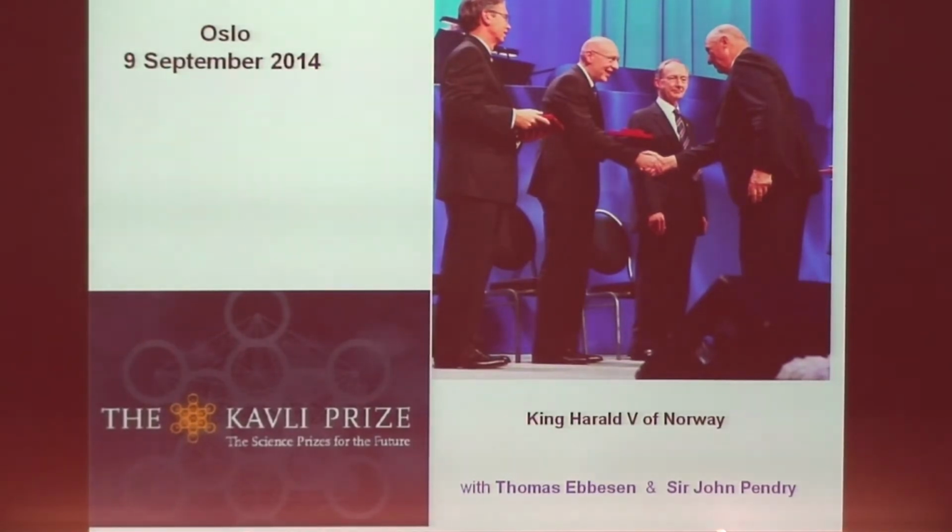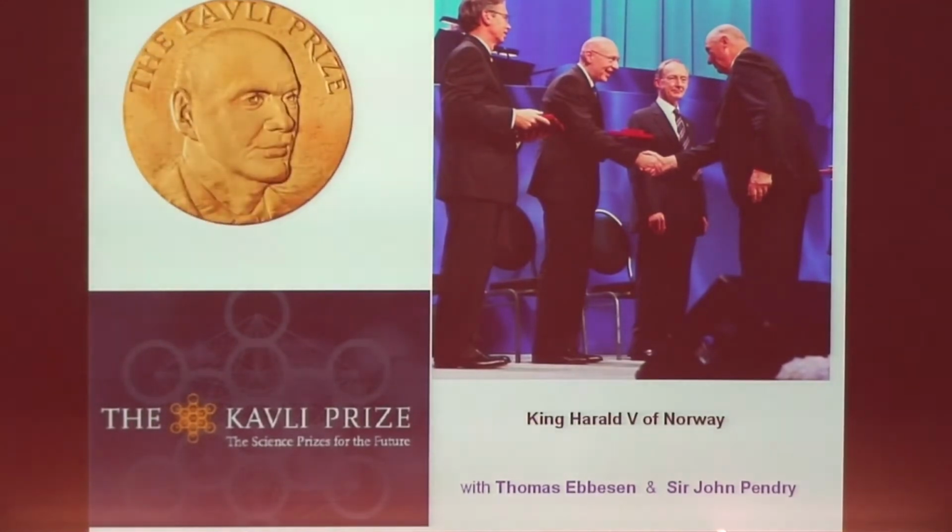It has about the same amount of money, and it comes with a medal, and the ceremony is like the Nobel Peace Prize ceremony. The Norwegians give out the Peace Prize, as you may know. And so it came with all the bells and whistles, and it was quite nice.